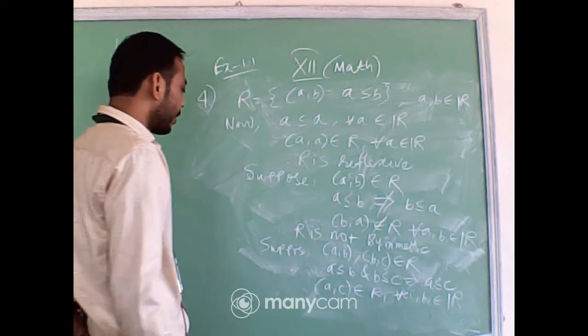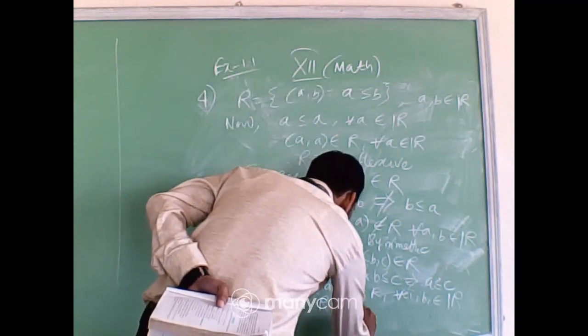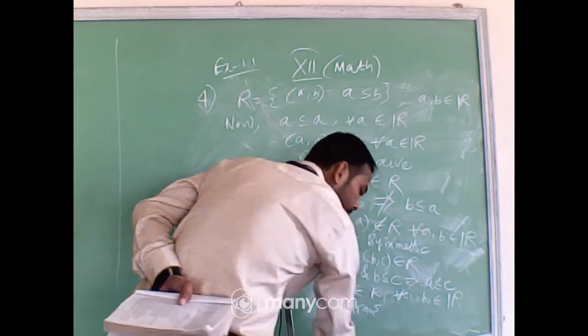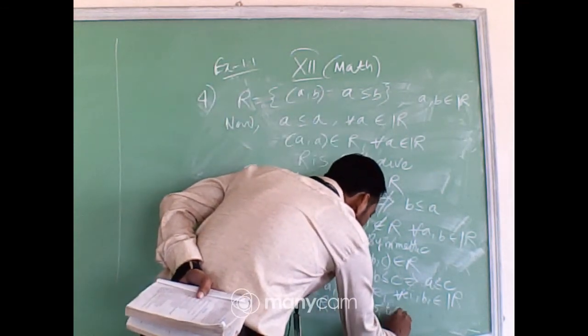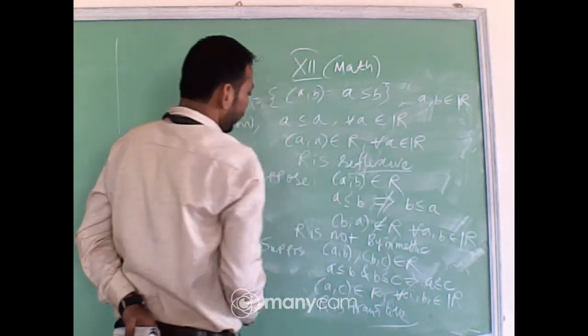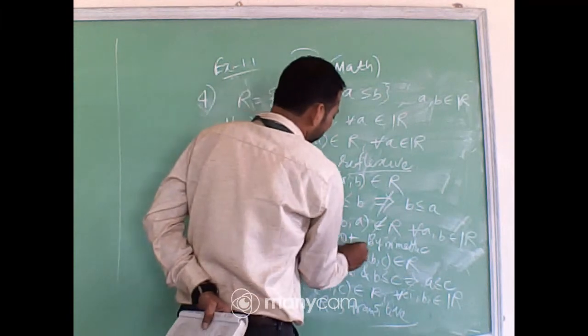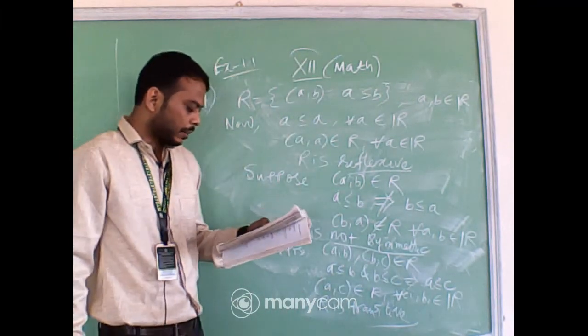Therefore you can conclude here R is transitive. So R is transitive, R is reflexive, but R is not symmetric. That is our question number 4.